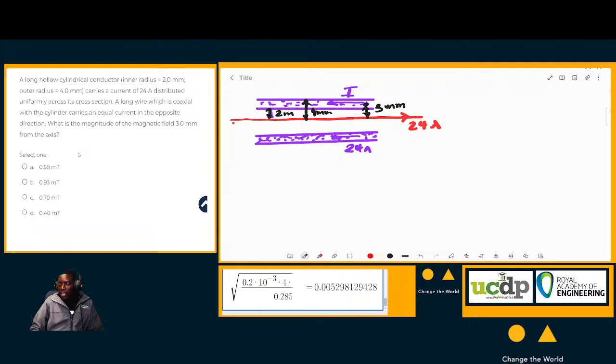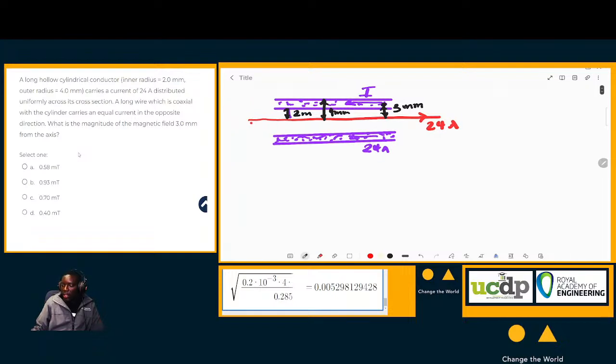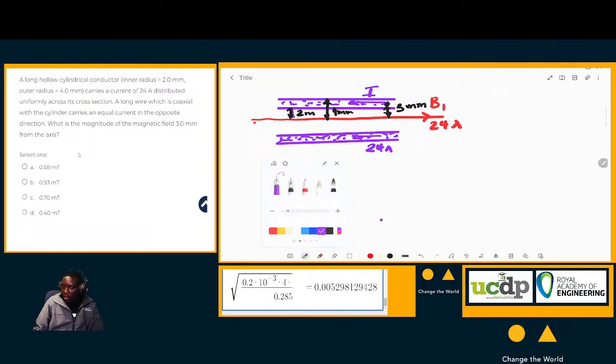So now, because the currents are in opposite directions, the magnetic fields at that point will also be opposite. So we have to find the field due to the enclosed current from the conductor and the field due to the line conductor. We'll call the field in red B1, due to the line conductor, and the cylindrical conductor gives us a field B2.